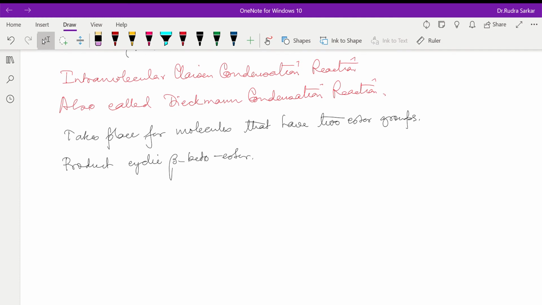Okay, now suppose we have been given this molecule. That is the ethyl ester of adipic acid. And this is treated with NaOEt followed by mild acidic workup.